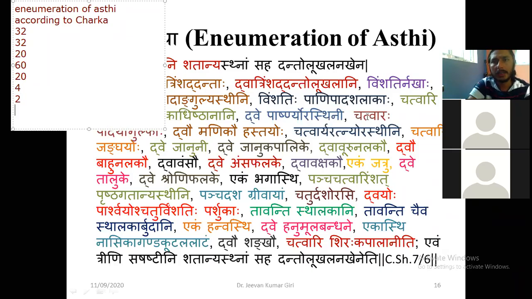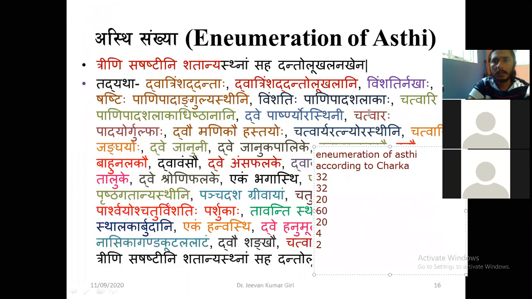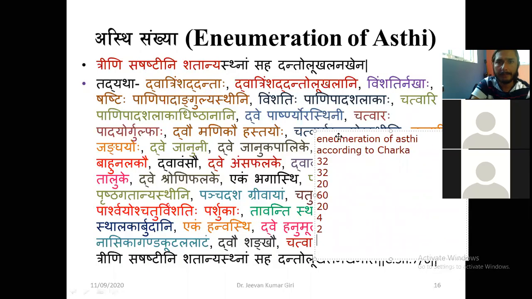Okay, now next is the Chatvara Padayor Gulfa. Just write Gulfa and give an arrow and write 4. So in the Gulfa region there are 4 Asthi. Okay, you can write.